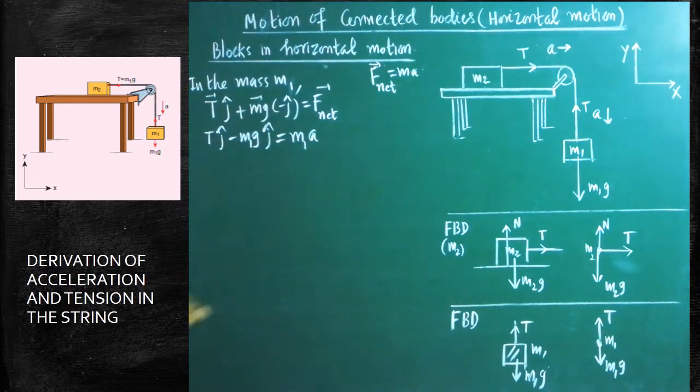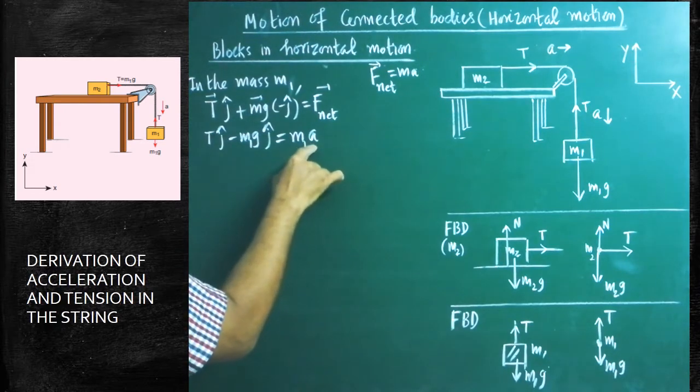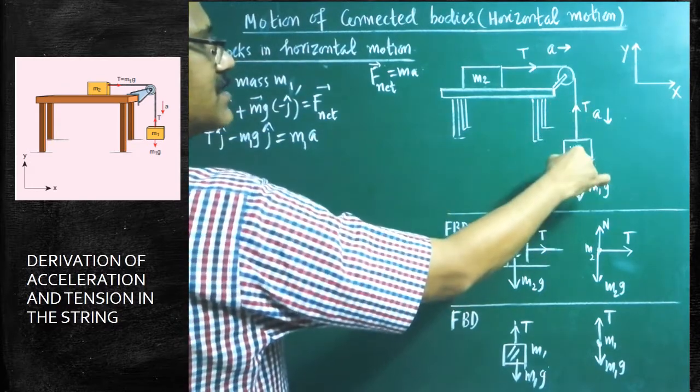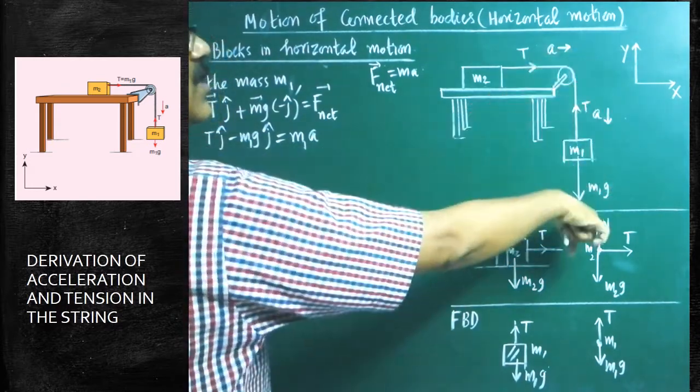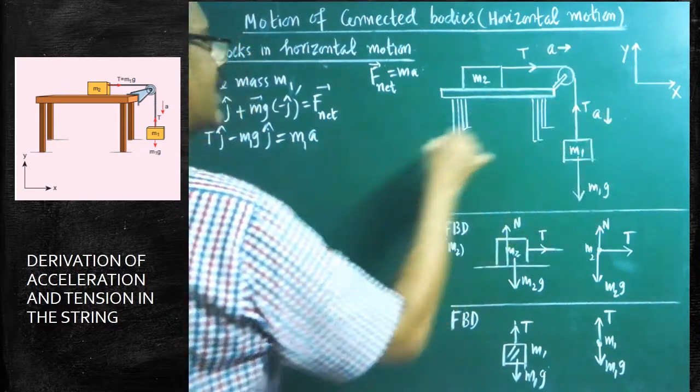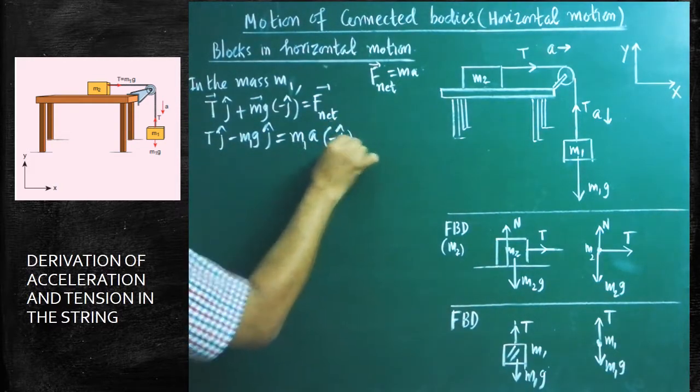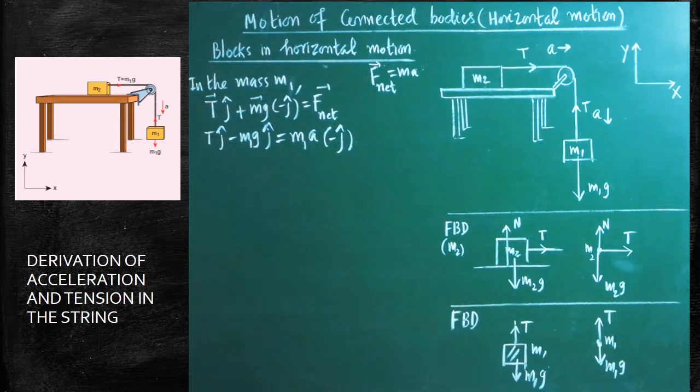Are you clear? What about the direction of the net force? Look at the diagram. It is pulled in the downward direction. Mass M1 will be moving in this downward direction, that is, the negative y direction. Therefore, this one must be written as minus j cap. Now, we can eliminate all the j's and remove the components alone.